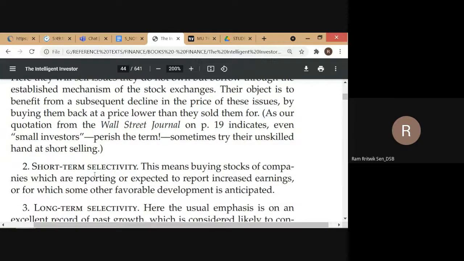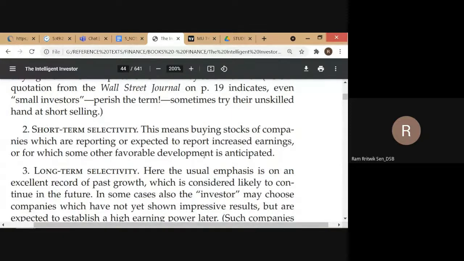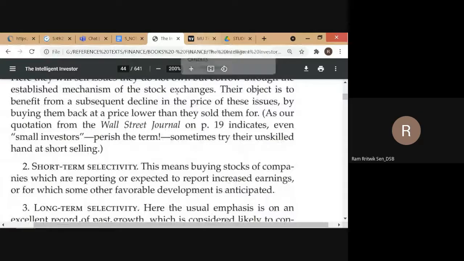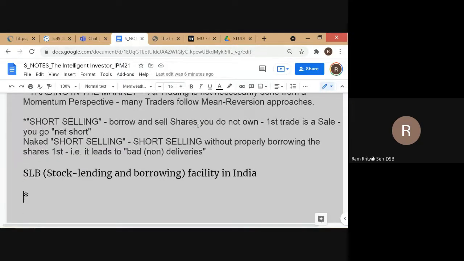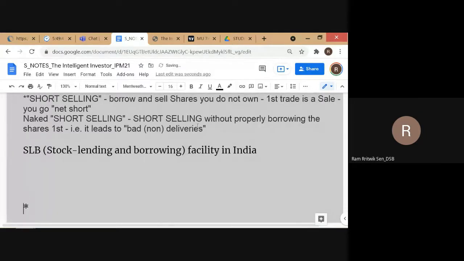So small investors try their hand at short selling, etc. One of the things you'll notice is that he's been trashing the small investors, but if you're following the market news on places like Bloomberg, you'll notice that these days there's a trend for the Reddit stocks, with small investors.